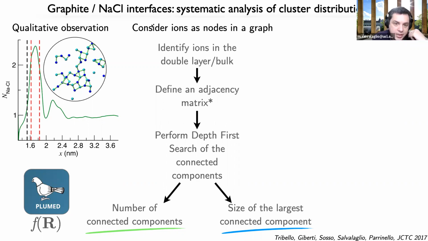So this idea of considering ions as nodes in a graph and performing a search on the graph in order to identify components is also relying on this flexibility that allows to compute functions of the position embedded in Plumed.